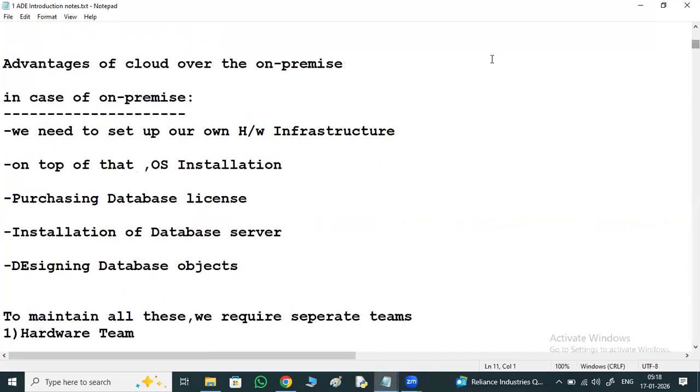Advantages of, see, we are going with a cloud, Azure cloud, right? And what are the advantages of going with cloud over on-premise?